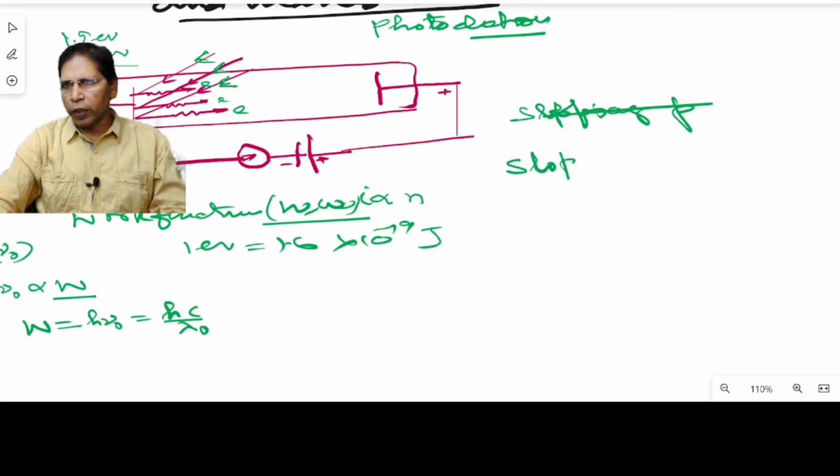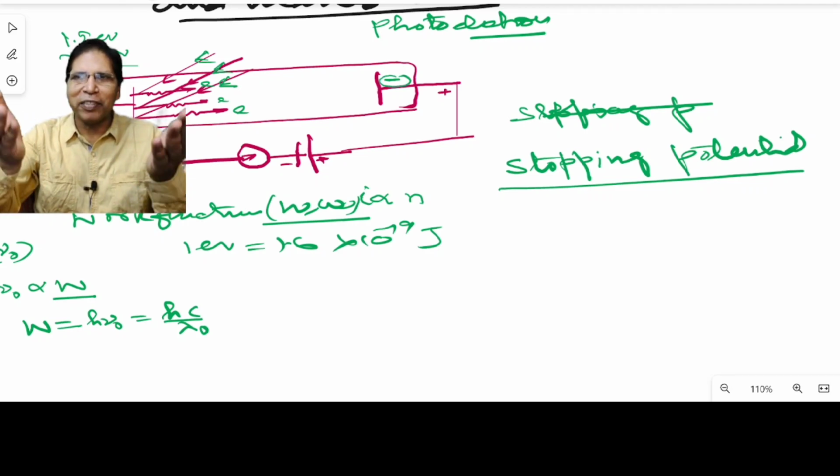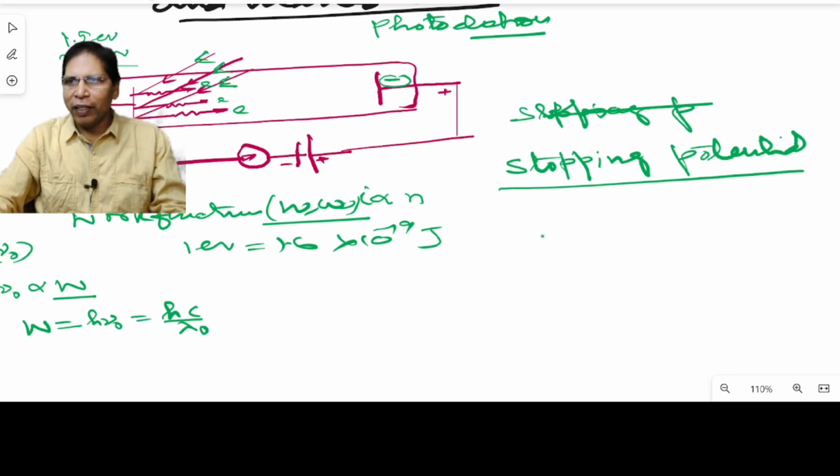Now, stopping potential. The minimum negative potential given to the anode such that the photoelectric current becomes zero. If v is the maximum velocity of the photoelectron, then half m v square is equal to e V naught, where V naught is the stopping potential.